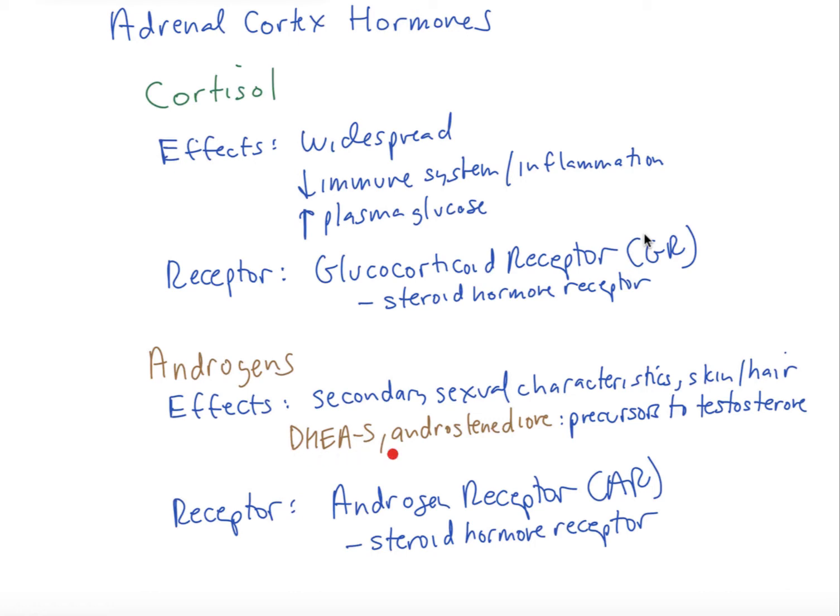The main adrenal androgens are DHEA sulfate, androstenedione, and really these are precursors to testosterone and the more potent androgen dihydrotestosterone. In the synthetic pathway, these end up getting converted ultimately to testosterone. So you could think of these as precursors, but they do have effects on their own that are mild through the androgen receptor, which all of the androgens act through, and that is a steroid hormone receptor as well.